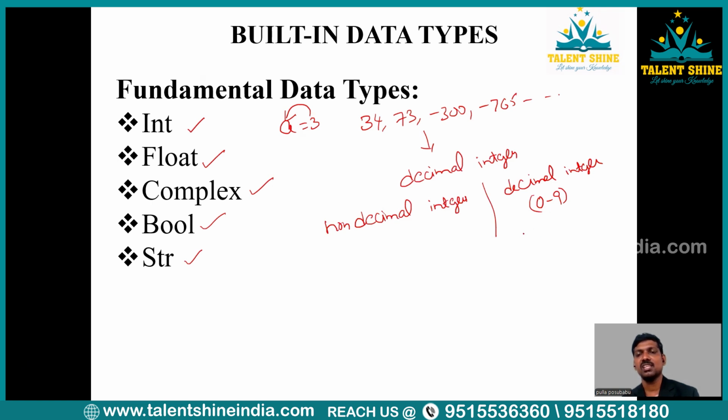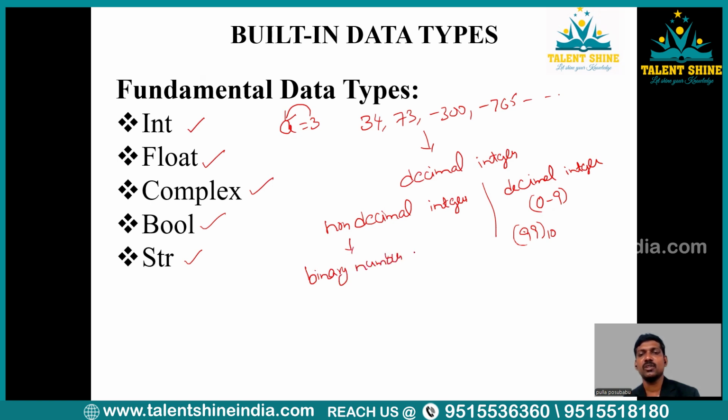Now here is an example for decimal integers, 99. Here the base is 10. So we can assign 99 to variable a. Can you give me an example for non-decimal integers? Yes. Let me take an example for binary numbers.